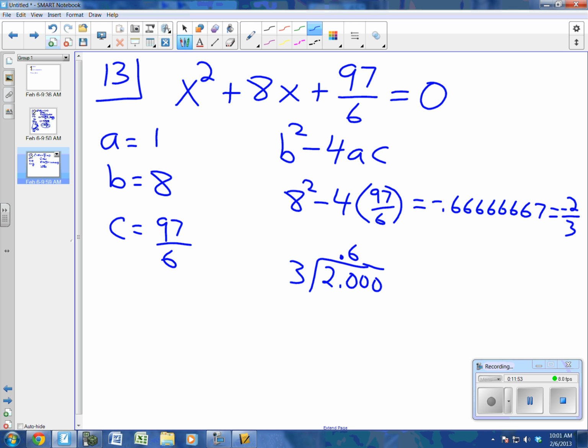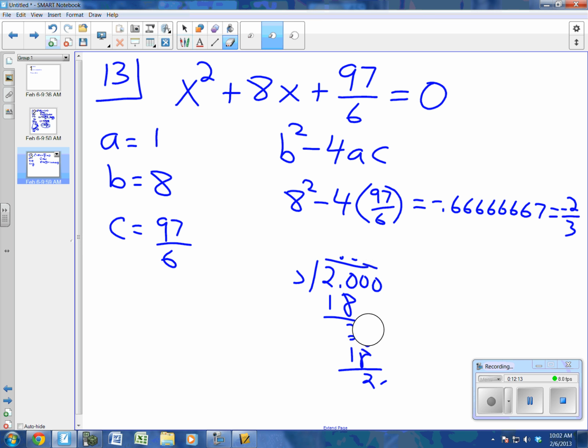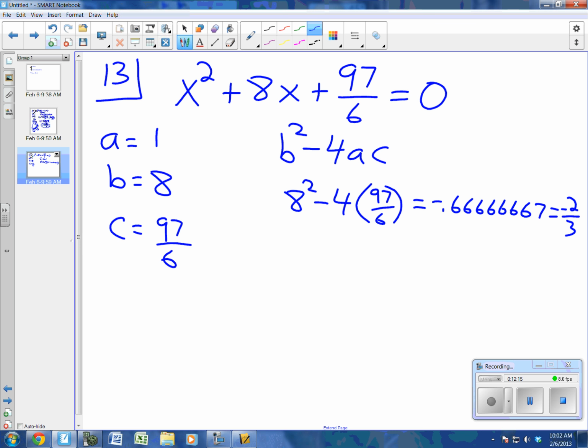So I put 6. 6 times 3 is 18. Well, my remainder is 2. 3 won't go into 2, so you bring down another 0. 3 will go into 20 6 times. 6 times 3 is 18. Bring down a 0. 3 will go into 20 6 times. How long is that going to last for? For a long time, right? That's 2/3. Okay? Wait, where does the 7 come from?